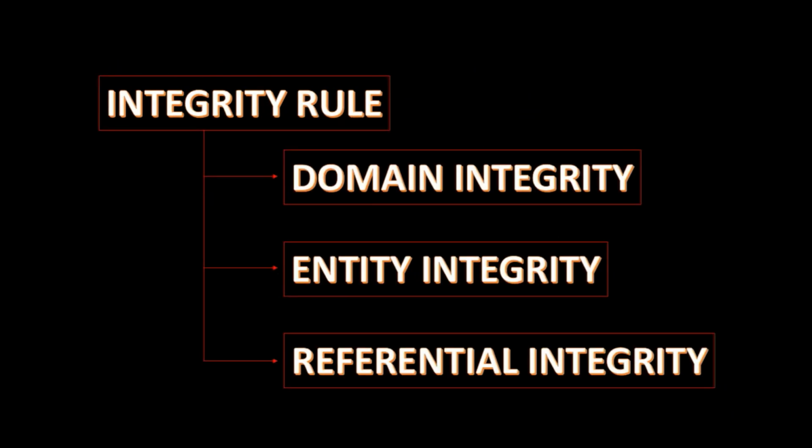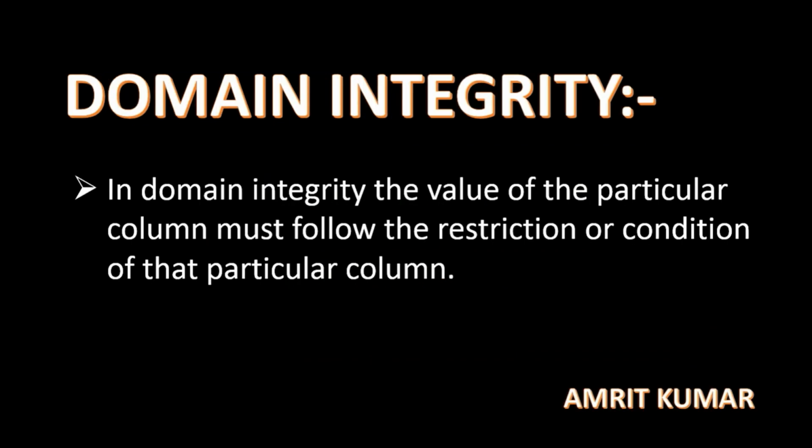In integrity rules, domain follows these things. In domain integrity, the value of a particular column must follow the restriction or the condition of that particular column. It must follow the conditions. So this is what we call domain integrity.